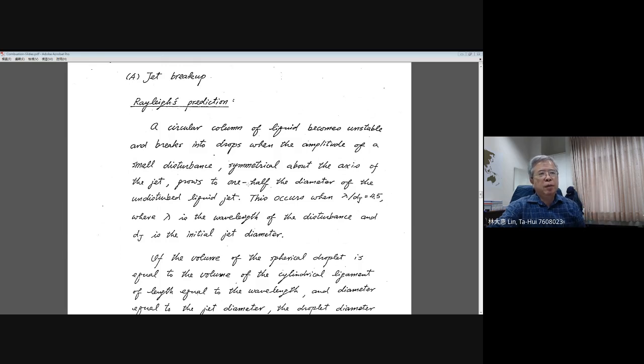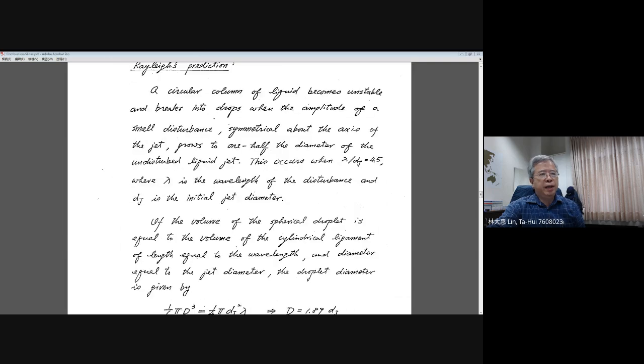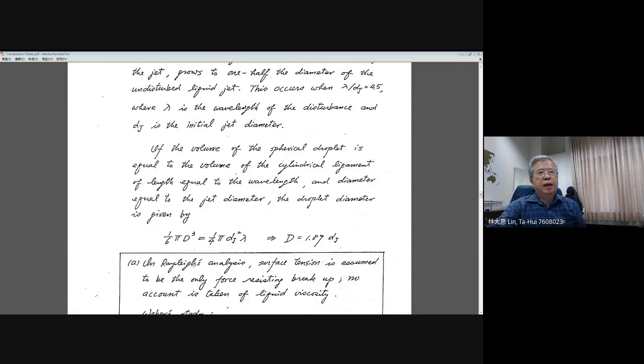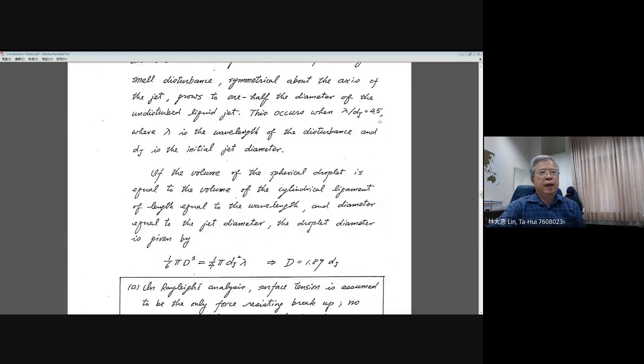At this moment, the amplitude is half of the diameter of the liquid jet, and the wavelength is 4.5 dj. Actually, 4.5 is equal to pi times the square root of 2. At these conditions, the droplet will be formed spherical. Here lambda is the wavelength of the disturbance, and dj is the initial jet diameter.